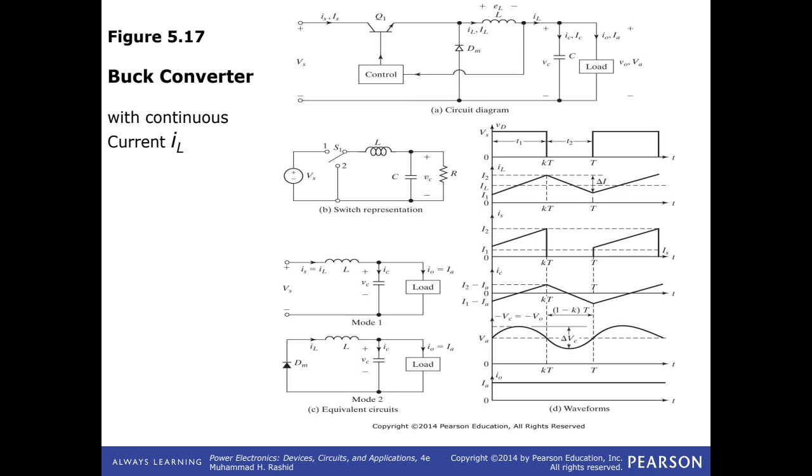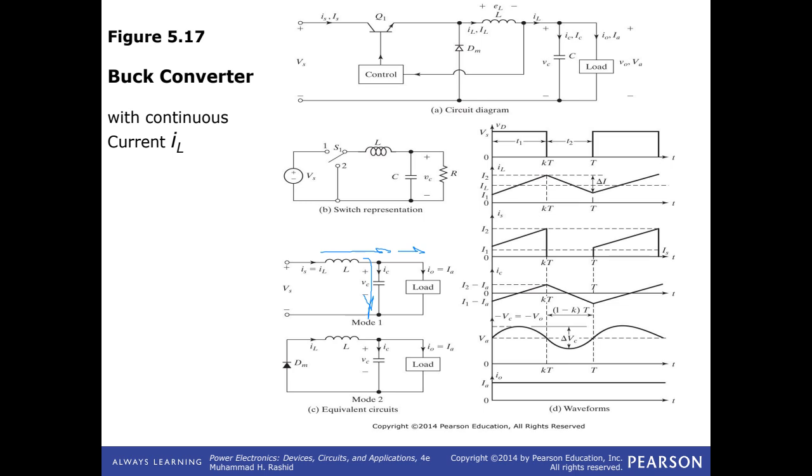The current here is going to flow to the load through the inductance. Some of it also charges the capacitor. That's all. Then what's going to happen? Current is going to rise.